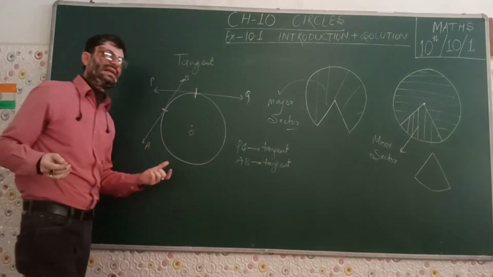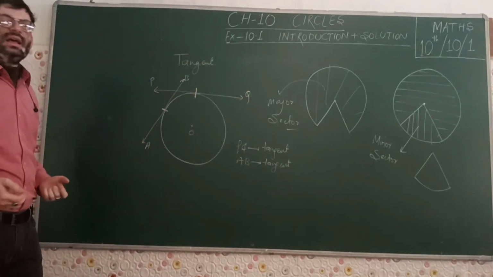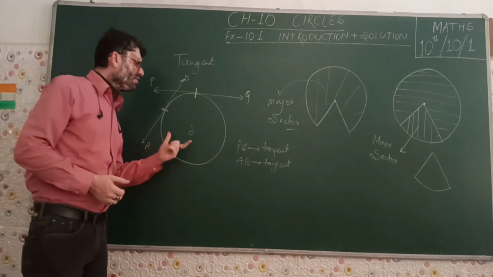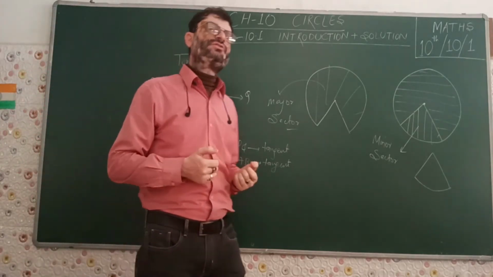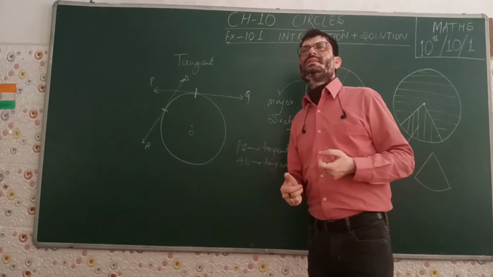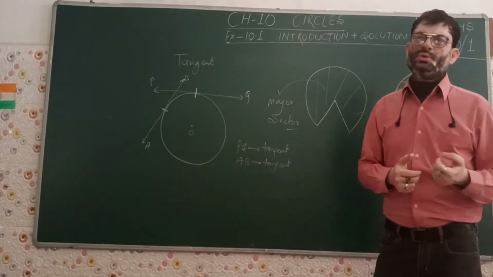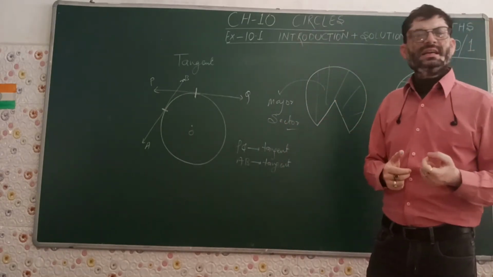Then how many tangents are possible in a circle? There are infinite number of points on the circle. The definition of a circle itself says that it is a set of all the points whose distance from a fixed point is the same throughout.